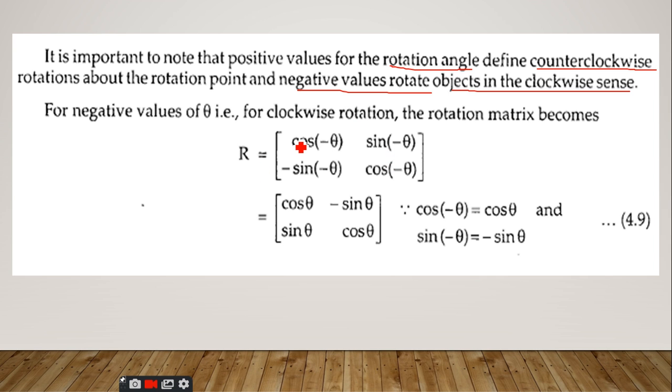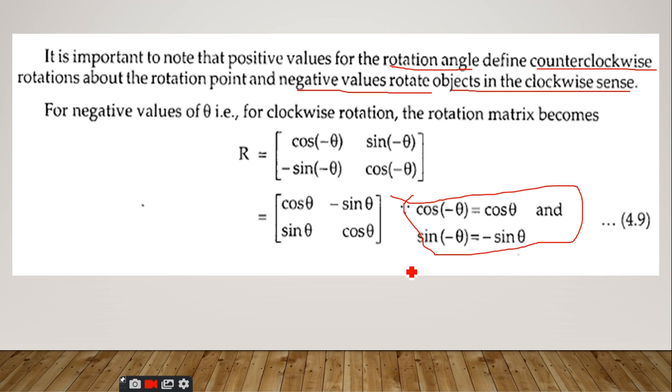That means R dash is equal to cos(minus theta), sin(minus theta), minus sin(minus theta), cos(minus theta). Then cos(minus theta) equals cos theta, and sin(minus theta) equals minus sin theta, so minus into minus is plus, that is sin theta, then cos theta. So the rotation matrix in the clockwise direction is cos theta, minus sin theta, sin theta, cos theta.